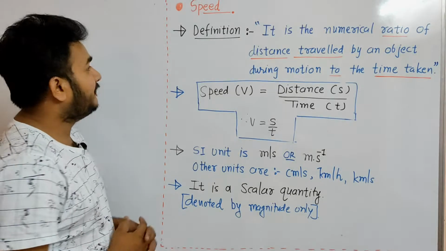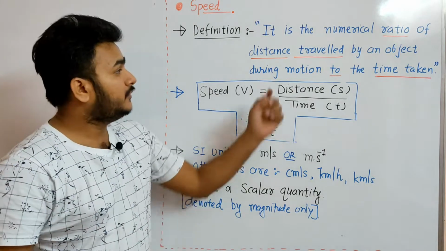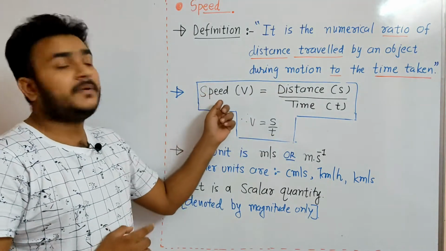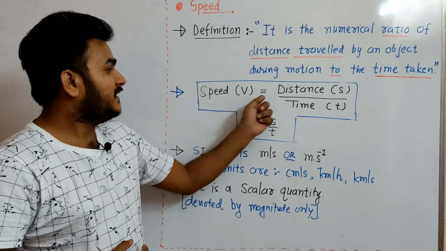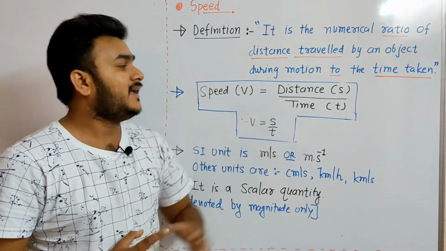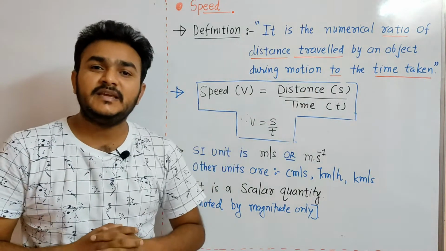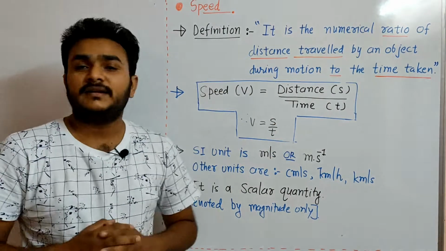So let us start with the definition. It is the numerical ratio of the distance traveled by an object during the motion to the time taken. That means the speed of an object in motion, represented by v, is given by distance s divided by time t. So equation-wise, v is equal to s upon t, where s is the distance and t is the time.